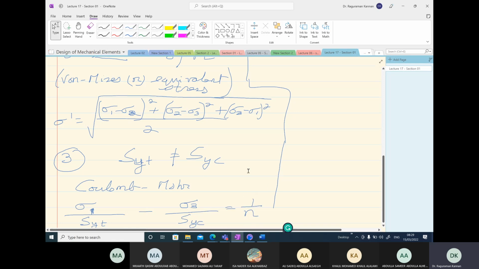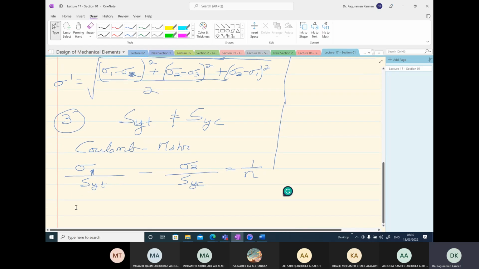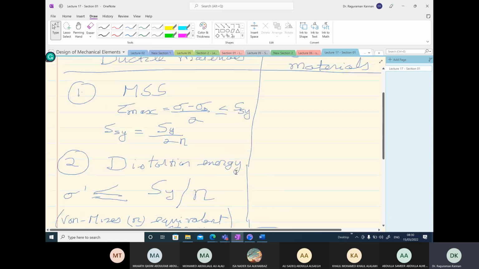So this is the condition we have. If we are within this envelope, then no failure. So in terms of the equation, if I find the factor of safety n value, if n is greater than 1, then no failure. If n is less than 1, that means definitely failure has taken place. Okay. So this is with respect to ductile materials.